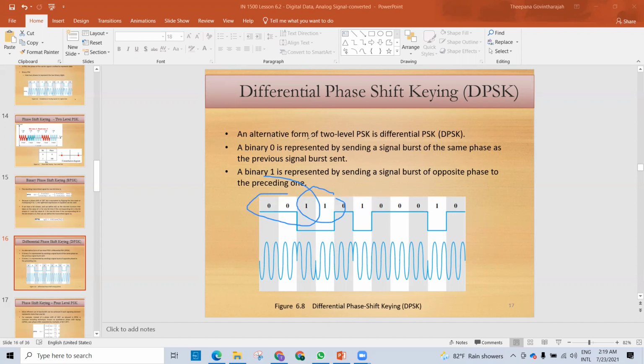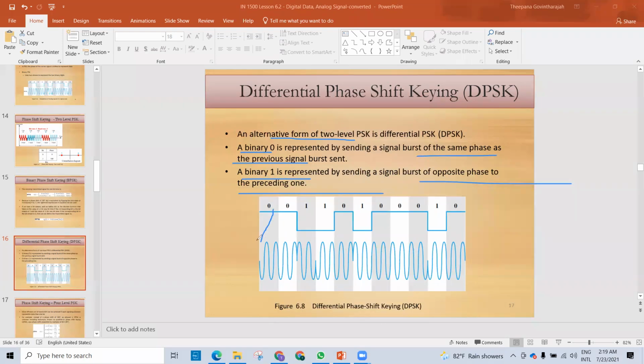The alternative form of two-level PSK is called differential PSK, also denoted by DPSK. Binary 0 maintains the same phase as the previous signal, but binary 1 is represented by the opposite phase to the preceding one.